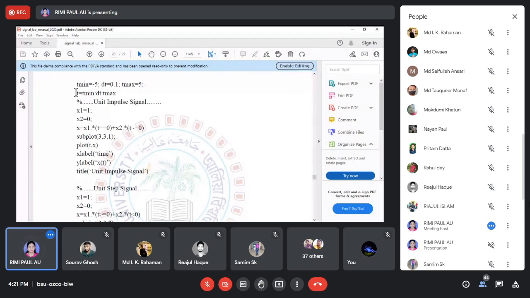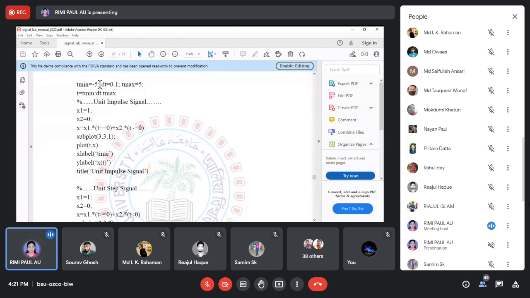Next, t. What is t? t is equal to t min : dt : t max. The t min value I have given is minus 5, and the dt value I have given is 0.1. You can write it in the first line, second line, or third line, and you have to use a semicolon. Why have I used a semicolon? Because we cannot see the output in the command window.